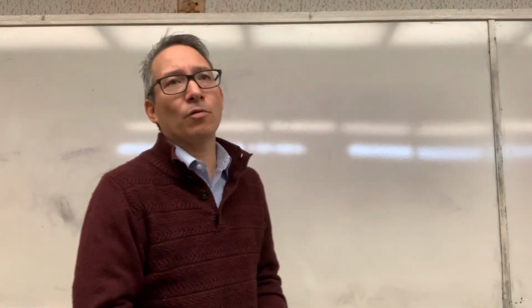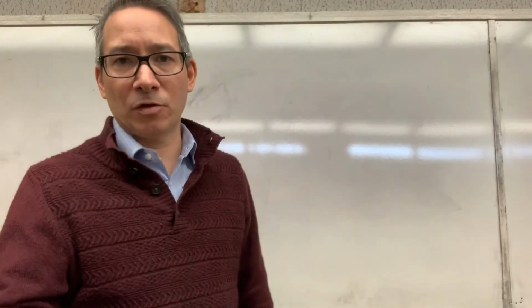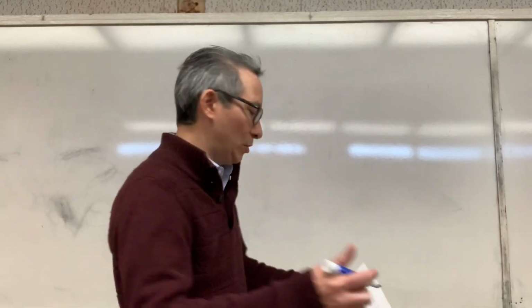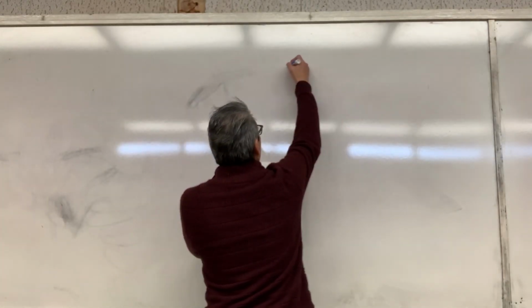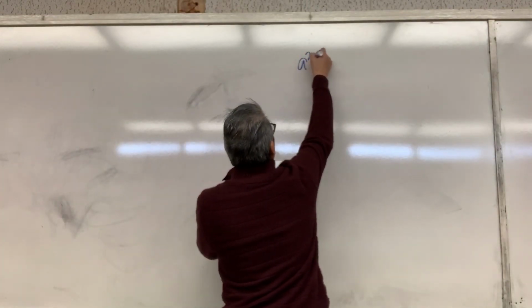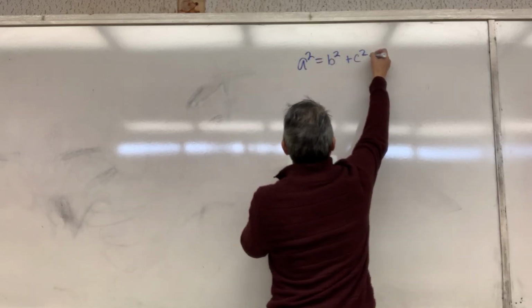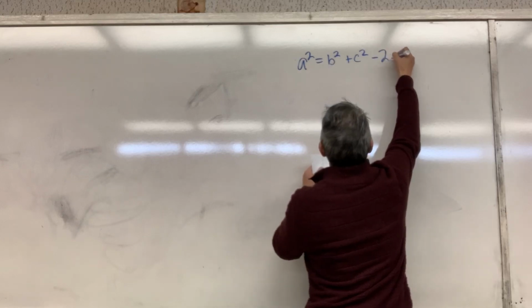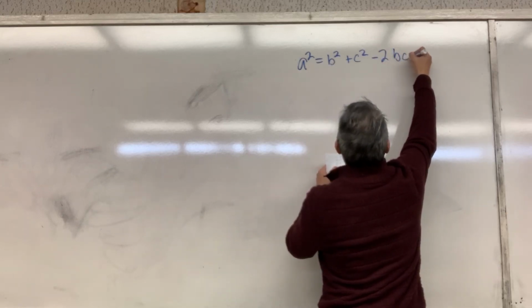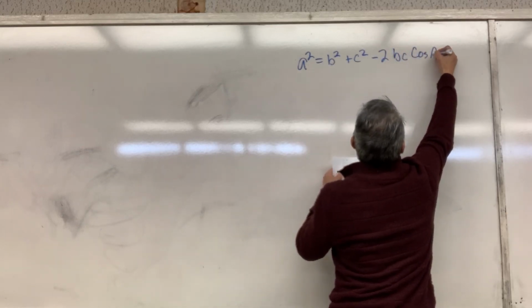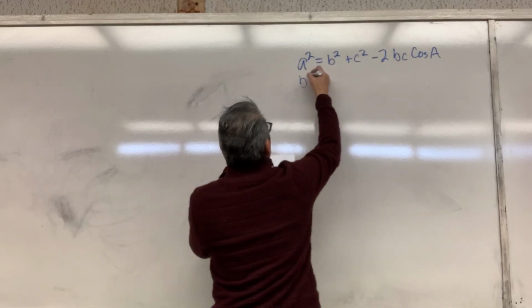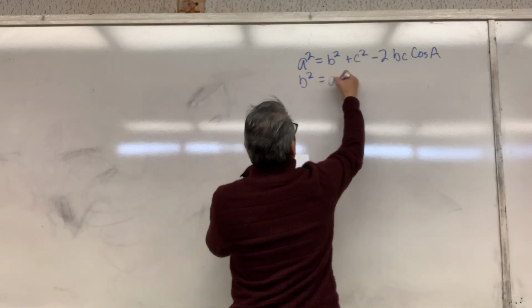So we're going to write down what the law of cosines looks like. These are formulas that you need to write down. I'm going to put them right up top here. Hopefully you can see this. A squared equals B squared plus C squared minus 2BC cosine A. Try to see if you can pick up a pattern here.